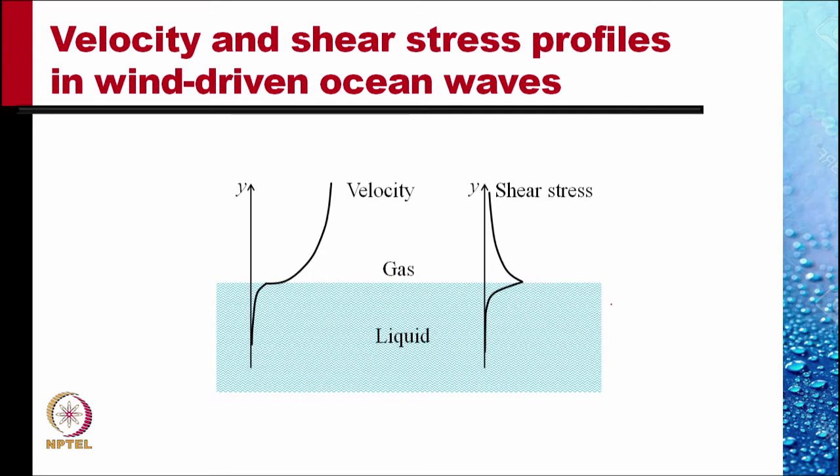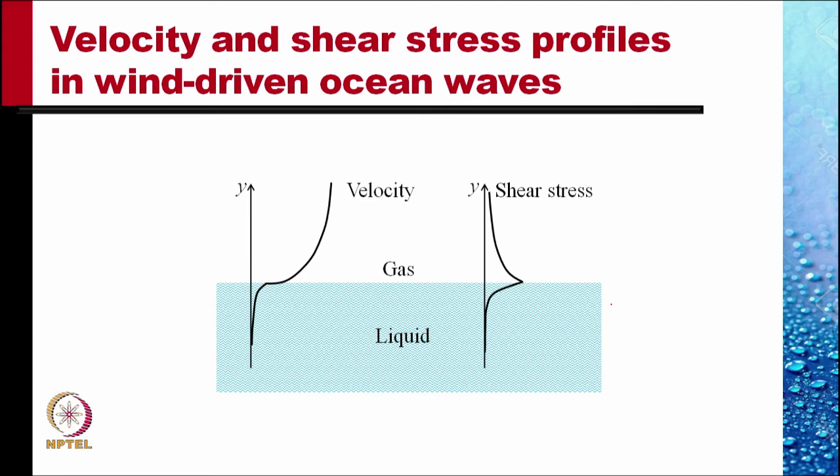Now let's consider the air-driven motion like the ocean waves, with the velocity profile as shown on the left. This is the air velocity which is driving the waves in the liquid. Of course, there would be continuity of velocity at the interface.